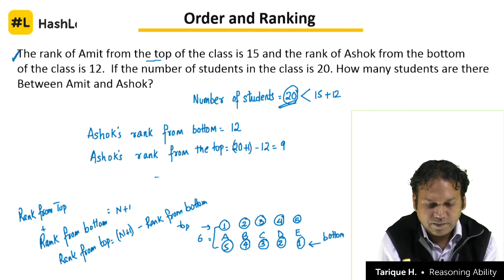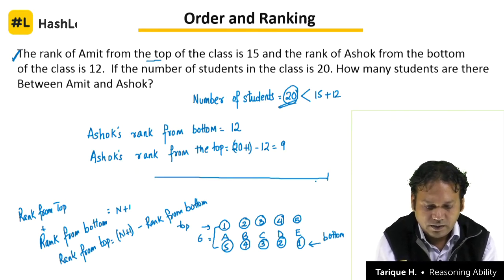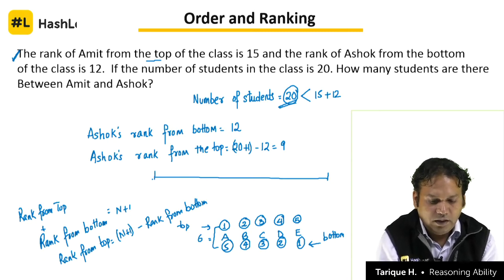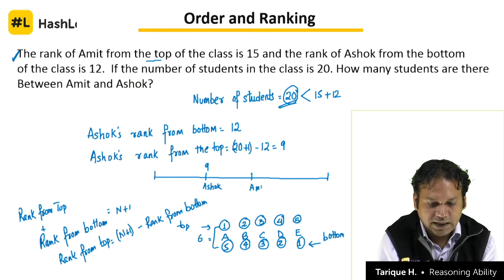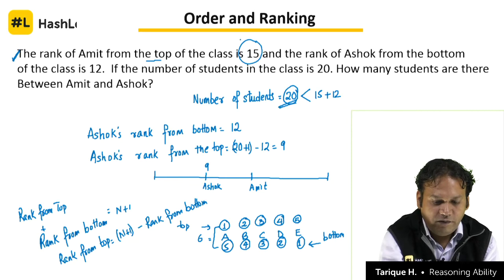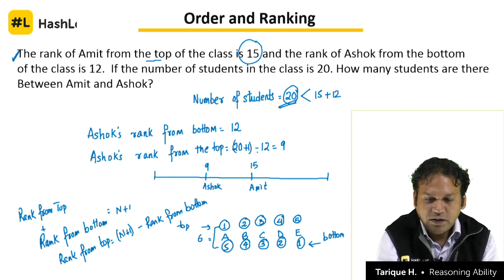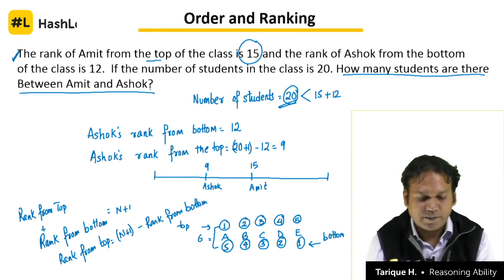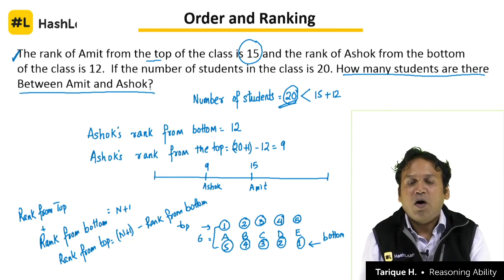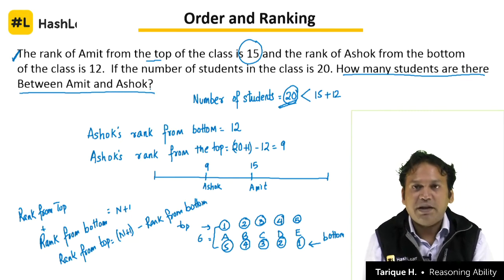Let us say here, this is the rank from top, the position of Ashok from the top is 9 and the position of Amit as given before itself from the top is 15. So, how many students are there between Amit and Ashok? Clear? How many students are there between Amit and Ashok?